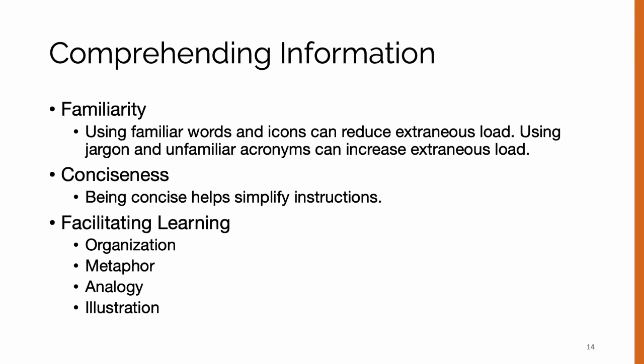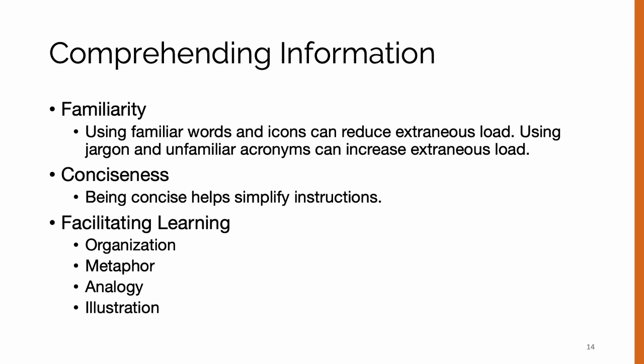We also have the ability to comprehend information better if it's familiar to us. So using familiar words and icons and avoiding things like jargon and acronyms and so forth, it enables us to comprehend information better because it's familiar.